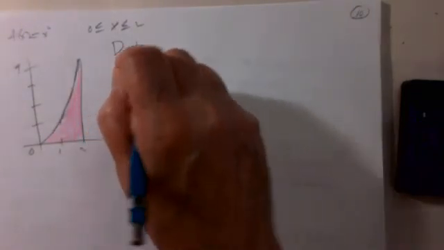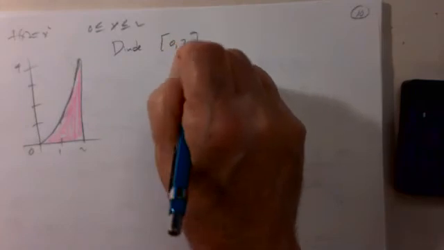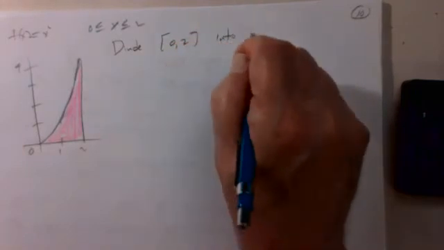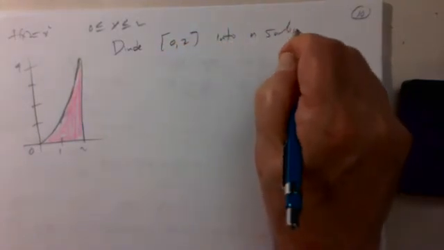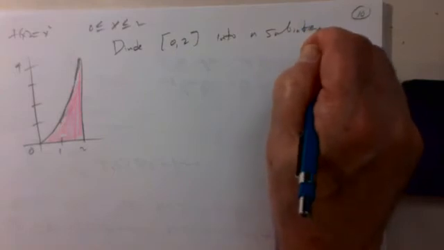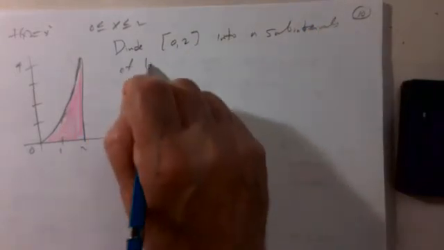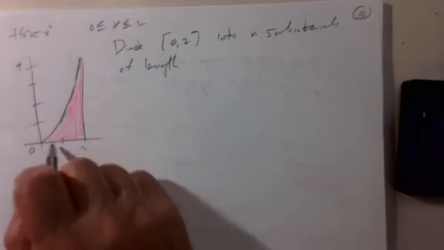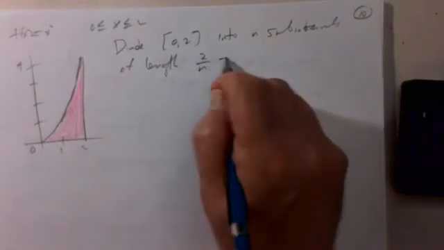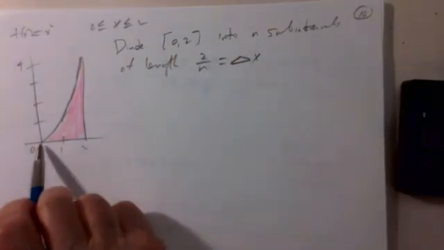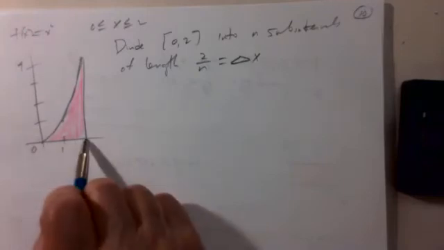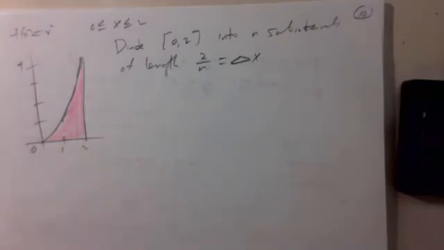So let's divide the interval from 0 to 2 into n subintervals, and they each have length 2 over n. Right? You divide this from 0 to 2 into n pieces, each of them has length 2 divided by n.